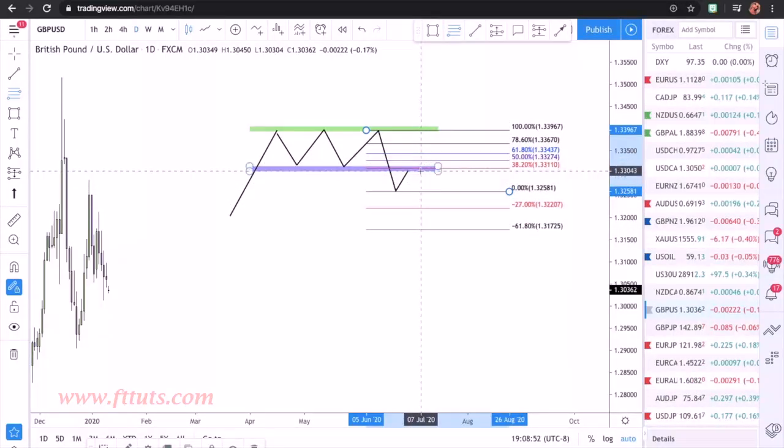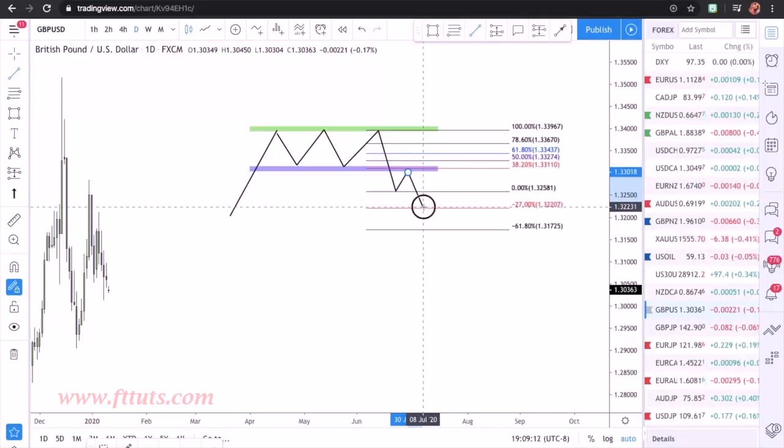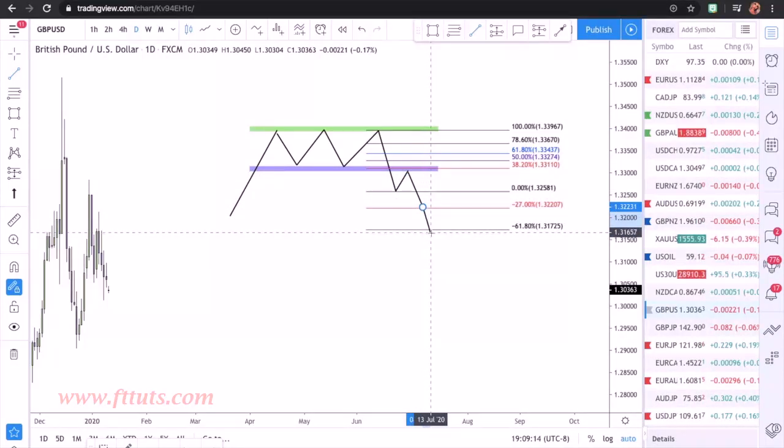Okay, so what we're doing is price broke through support, now acting as resistance, and we want to make sure we get that retest in order to see if we can continue down. So our retest is at the 38.2%, and then what we're doing is if we get that confirmation, we are looking for our targets around -27% and -61.8.